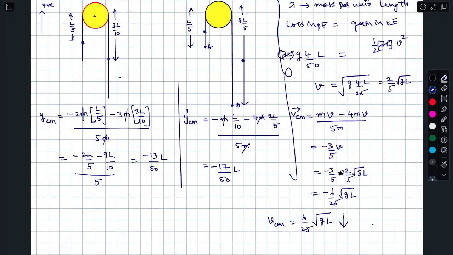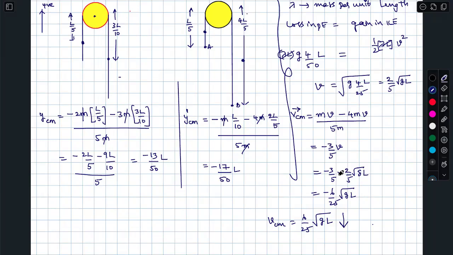Whatever energy you lost, in what form does it appear? The total kinetic energy of the system. But that is not the velocity of center of mass. Because it is a distributed mass. Some is moving upwards, some is moving downwards.